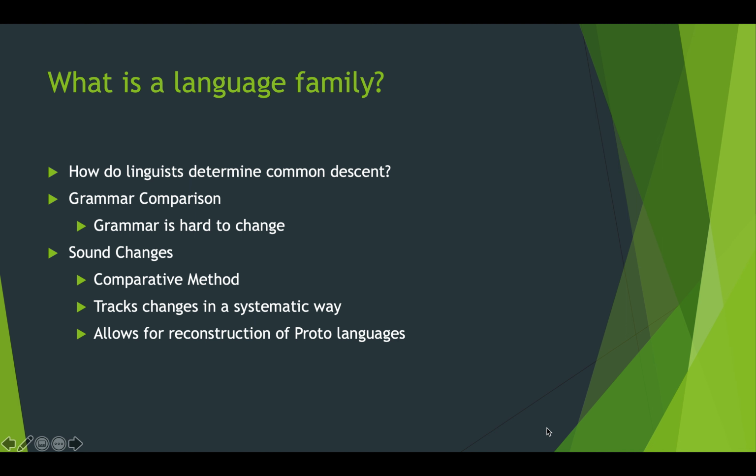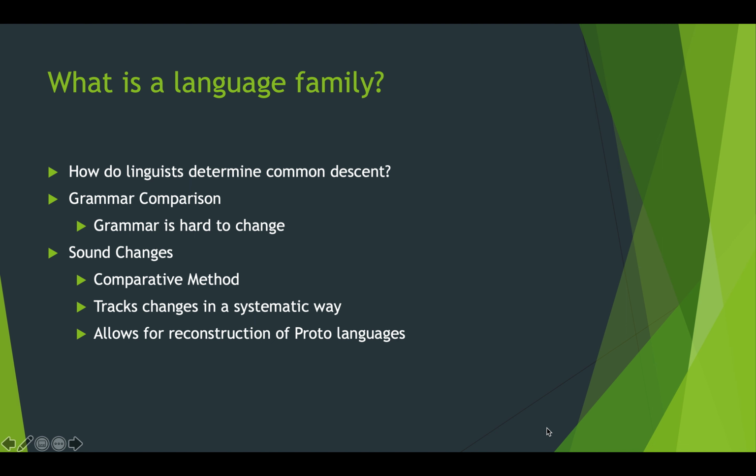So things like the order that the words go in a sentence, things like where you put adjectives. Do they go before the noun? Do they go after the noun? So comparing grammar can show commonalities that you might not see in just a list of individual words.